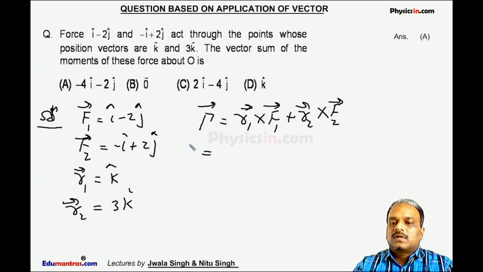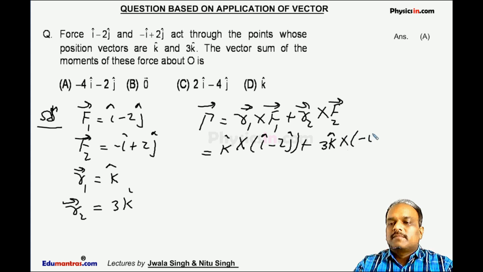Now this is equal to R1, that is k cap, cross F1, that is i minus 2j, plus R2, that is 3k cap, cross F2, that is minus i cap plus 2j cap. So this is equal to k cross i.